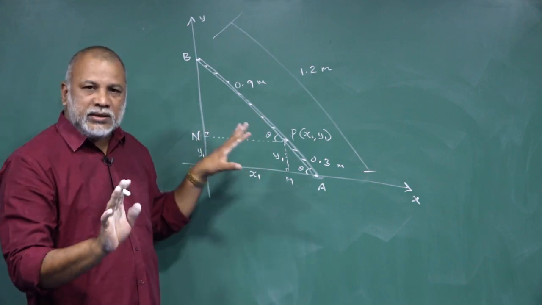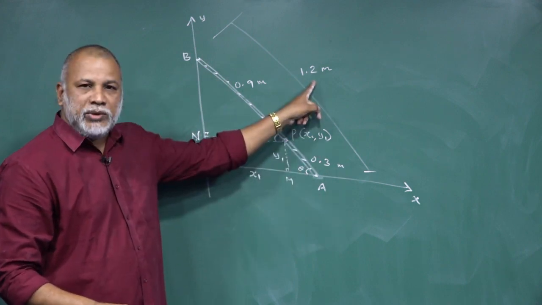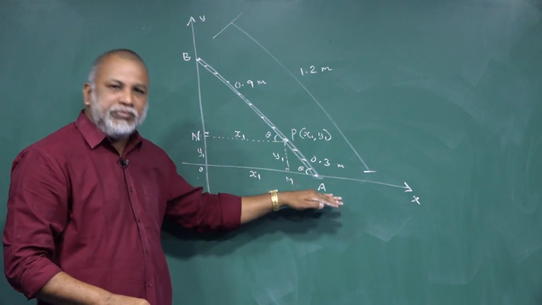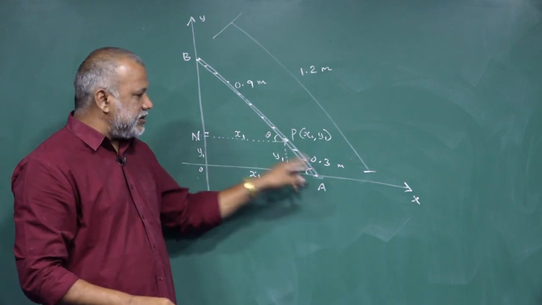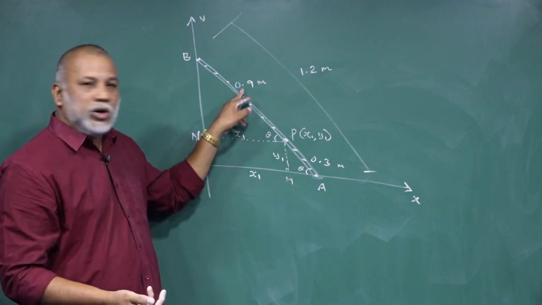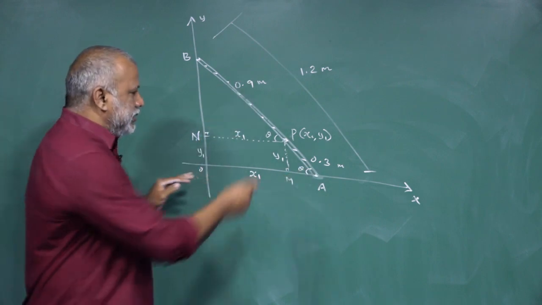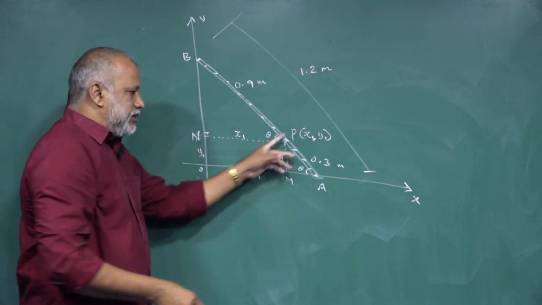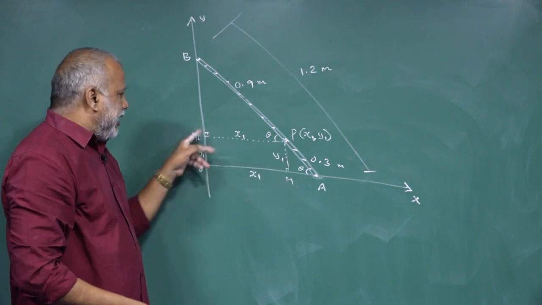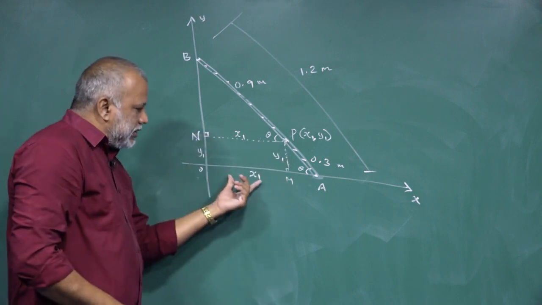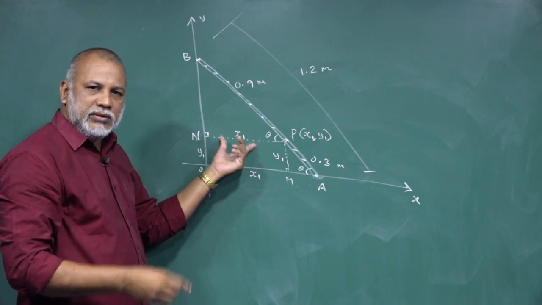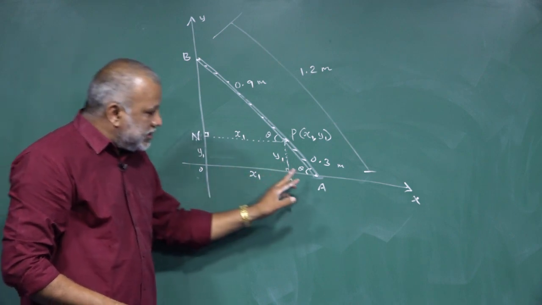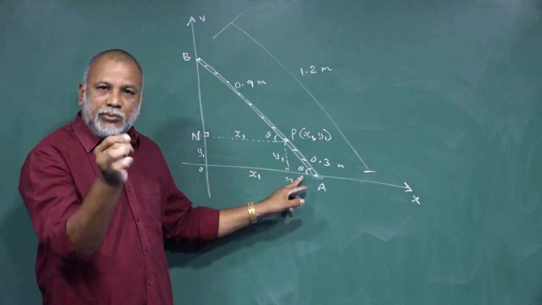So we construct this diagram: a rod of length 1.2 meter, and a point P of x1, y1 which is 0.3 meter from the x-axis end and 0.9 meter from the other. Then I consider two perpendicular lines, PM perpendicular to the x-axis and PN perpendicular to the y-axis. So this is x1, and here y1, with the same rectangular portion. This is the logic we use with the help of trigonometry.